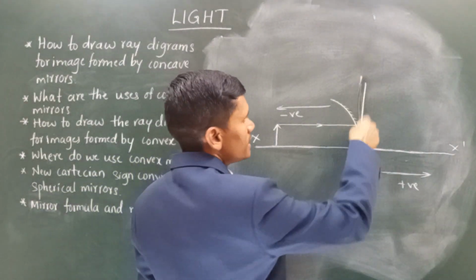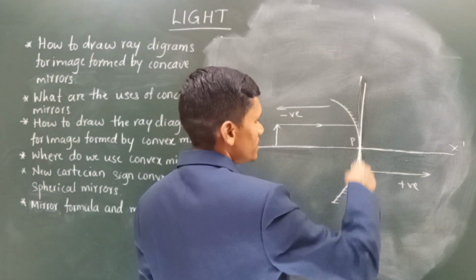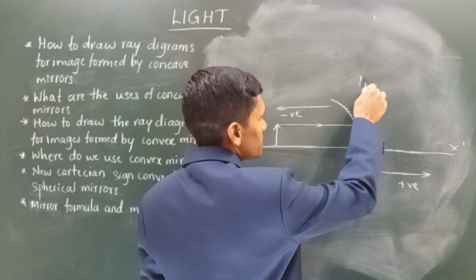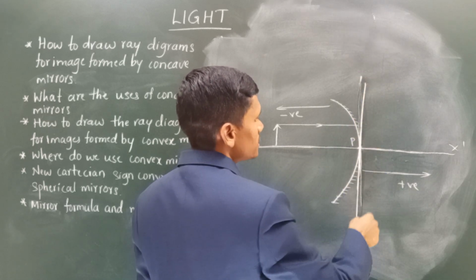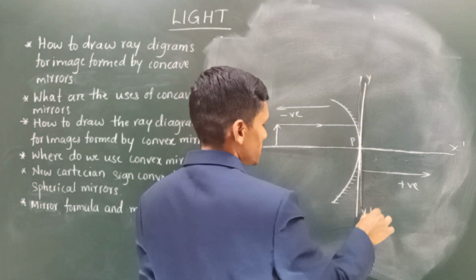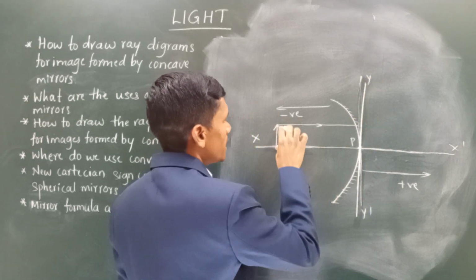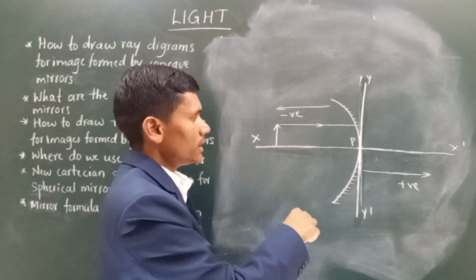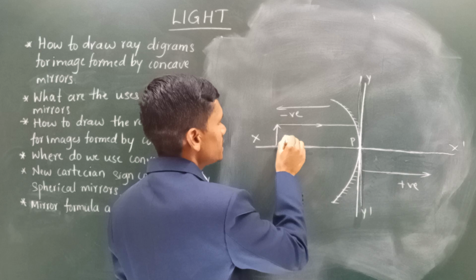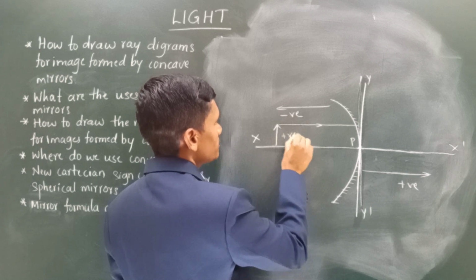Next, take the vertical line passing through this, perpendicular to the principal axis, as the y-axis. This is Y, this is Y dash. As you know already, the height of the object is measured from the origin along the y-axis, and this gives positive values.